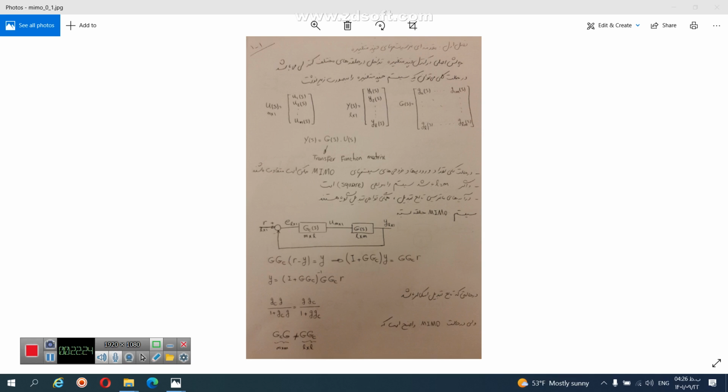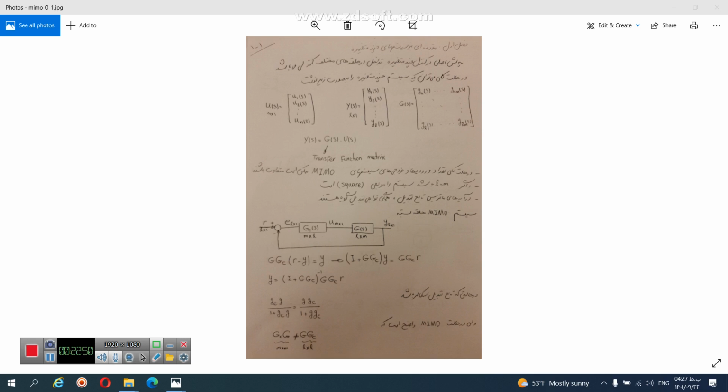We can see that in SISO system, GC multiplied by G is equal to G multiplied by GC. Yes? This divided by 1 plus GCG. In SISO system, is it possible? It's possible. But in MIMO system, it's rank.